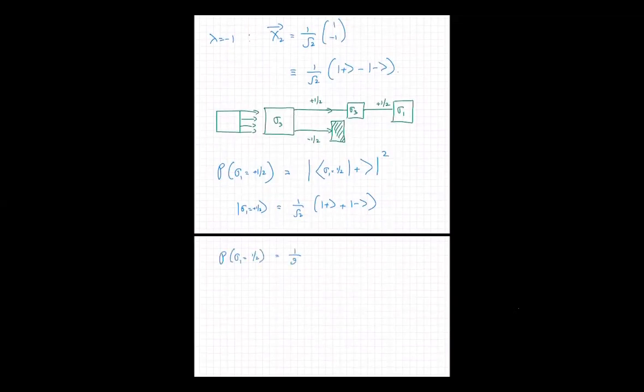And the probability of measuring sigma 1 equals minus 1/2 should also be half, because the total probability has to be 1. So if I put a device that measures sigma 1 in the path of this beam, then I will split this beam again into two, one which has sigma 1 equals 1/2 and one which has sigma 1 equals minus 1/2, with equal intensities.